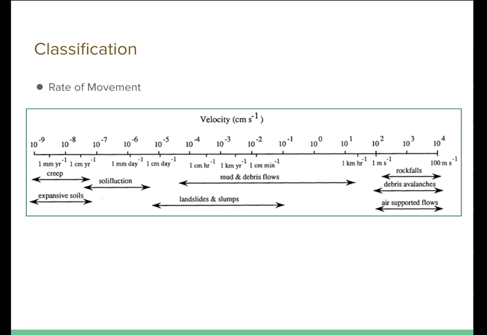We're talking on the order of tectonic plates moving, all the way up to rock falls and debris avalanches, some of which can move over 200 miles an hour. A lot of times we break it up into sort of a fast or slow sort of thing. And the slow moving landslides are the ones that you can't actually see moving. If you put a time lapse on it, you can watch it. But if you just stand there staring at it, you're not really going to notice much movement. And that's pretty darn slow.